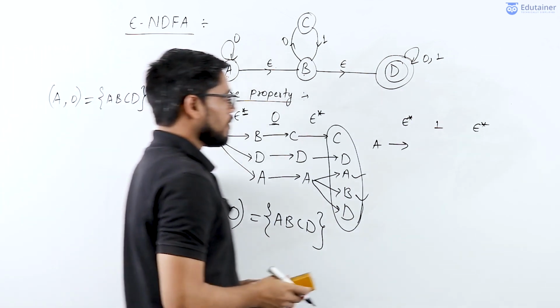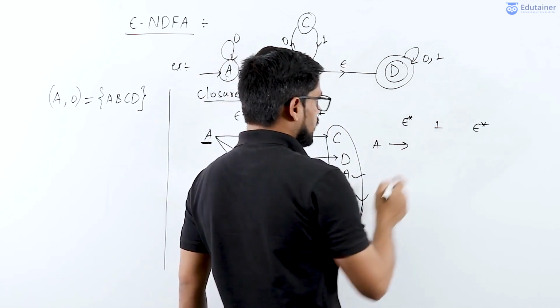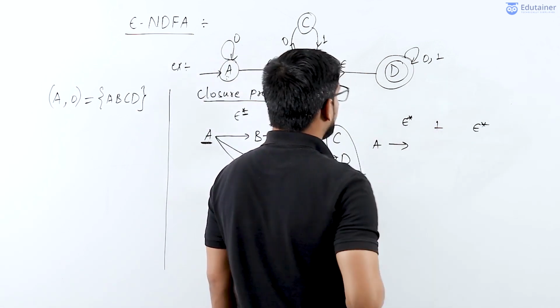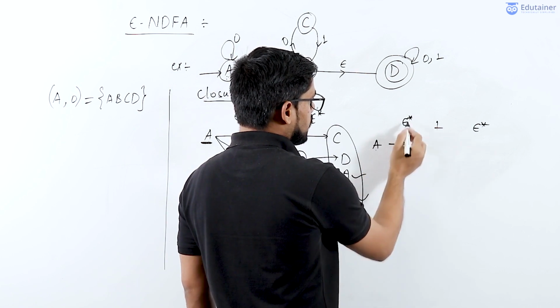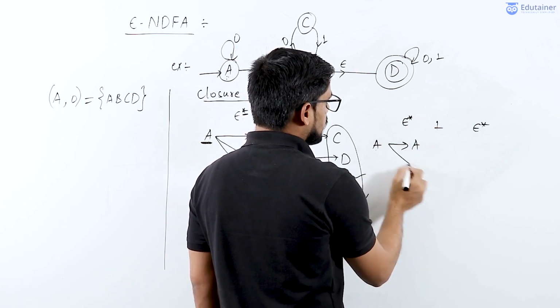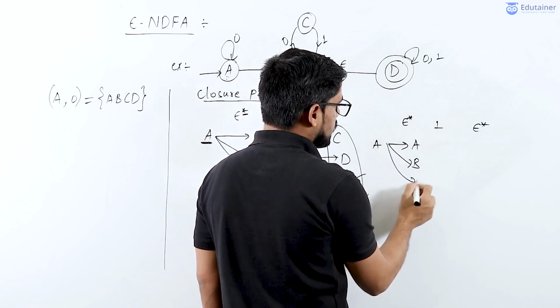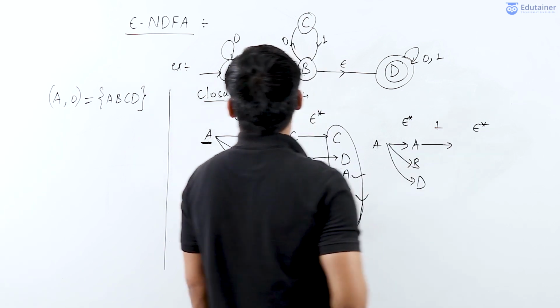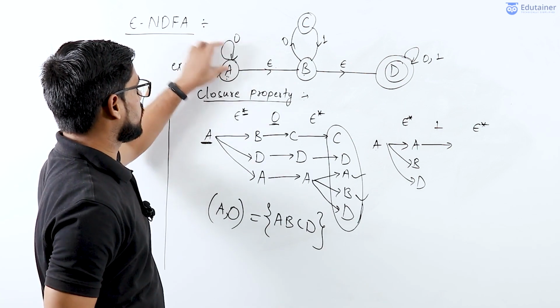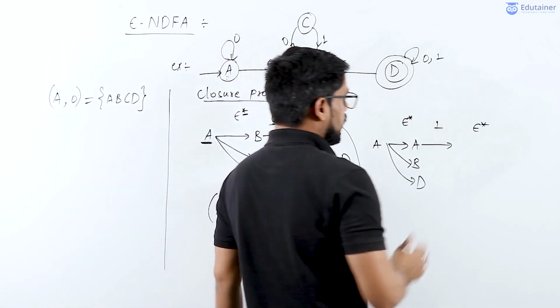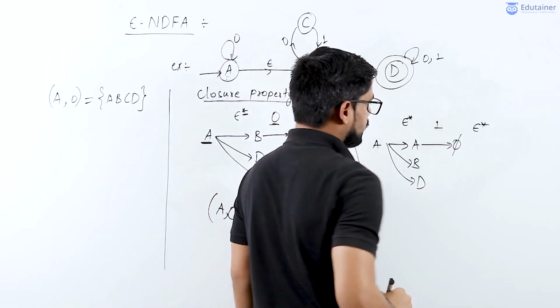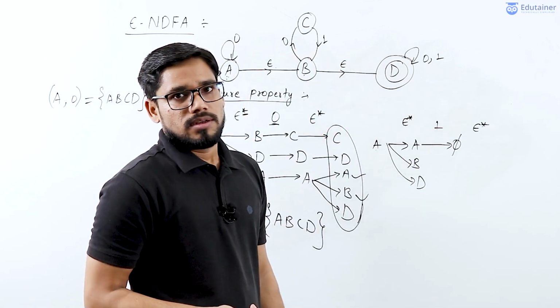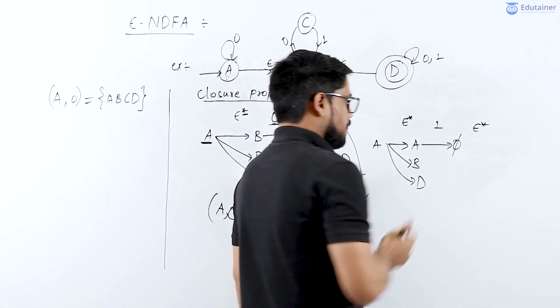Now take the transition for input symbol 1. First, A on epsilon star will go to A as well as B and D. A on input alphabet 1 has no move defined, so A on 1 is phi, meaning dead configuration.